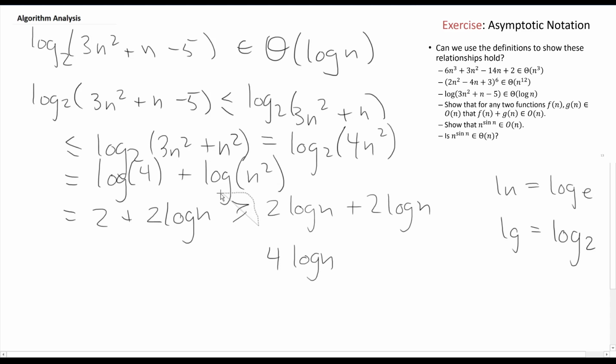That's not something we're allowed to do, but that was an error in writing, not an error in our calculation or the logic we were applying here. I just miswrote that, so that should be this here. Here we're just applying straightforward algebra, and that's going to arrive us at a value of 4 log n.